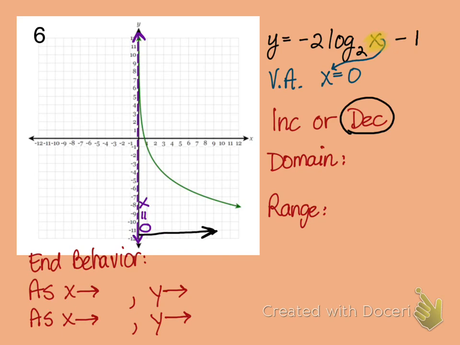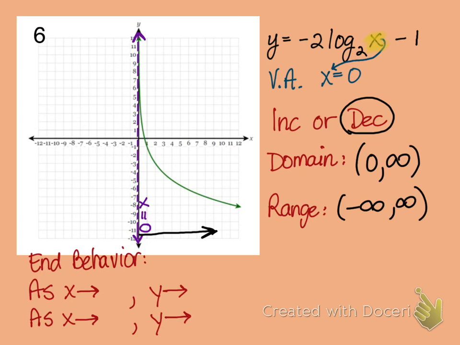And they're telling us, hey, make sure you stay to the right of that asymptote. So I am going to say that the only place I'm allowed to be is from 0 to infinity, 0 to the right. The range is fair game. All the way up, all the way down, no restrictions. So you're going to put all real numbers for your answers on that one.